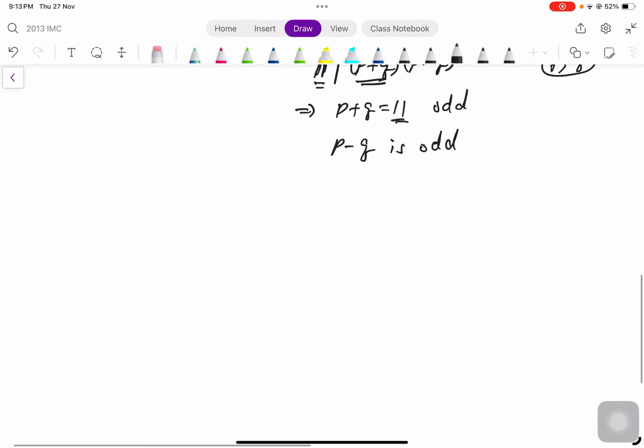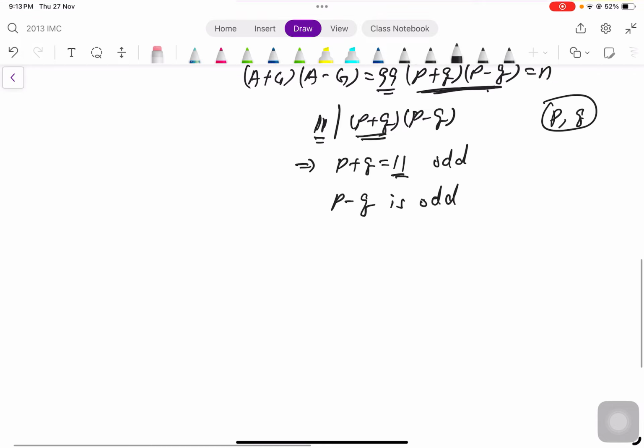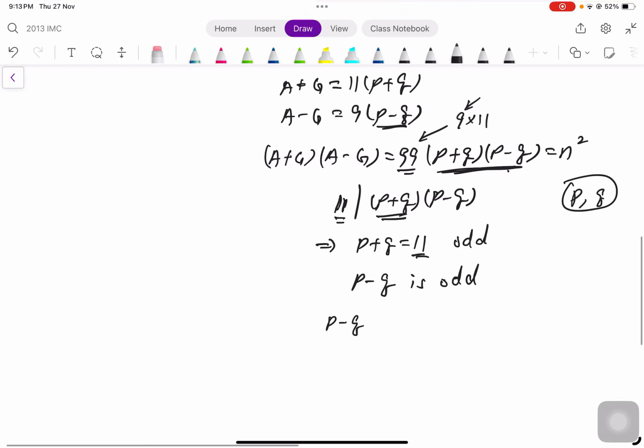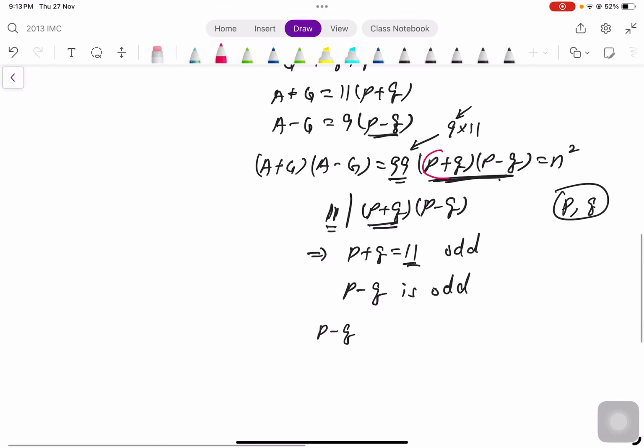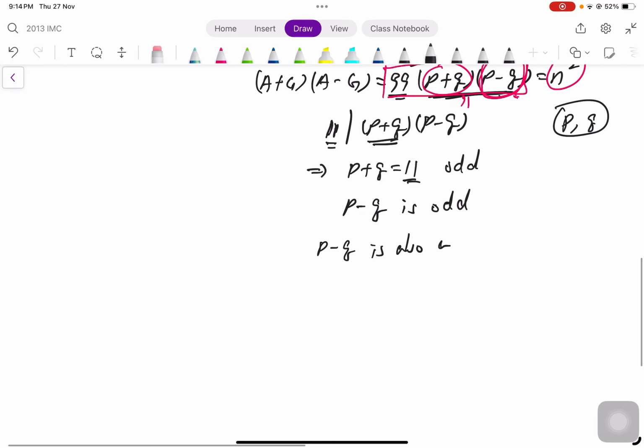Since P plus Q is 11, it is actually 9 times 11 times 11. Therefore, this part here must also be a perfect square, so that the product is equal to n squared. Can you see that P minus Q is also a perfect square?